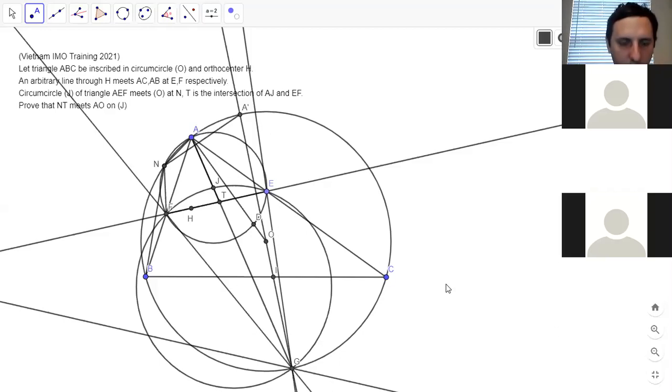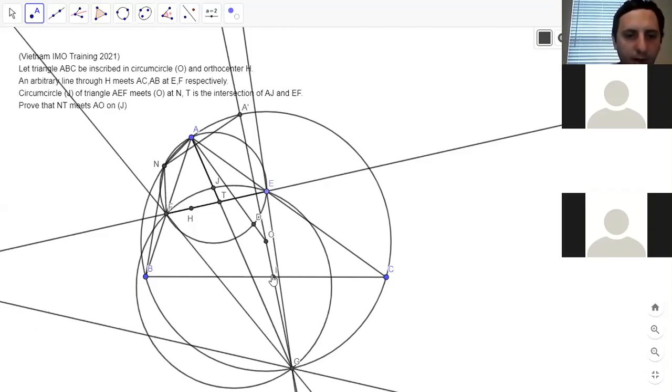So we want to show, let's see, we want to show FAD. So that's very easy to calculate, angle FAD. I think that's just 90 minus C. We want to show that's FNT, which is the same as BNI.